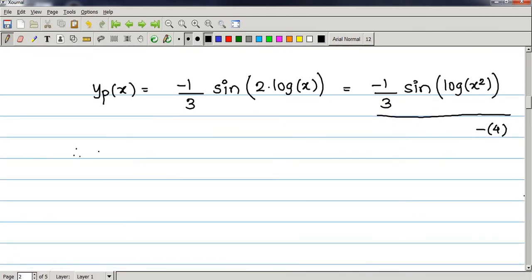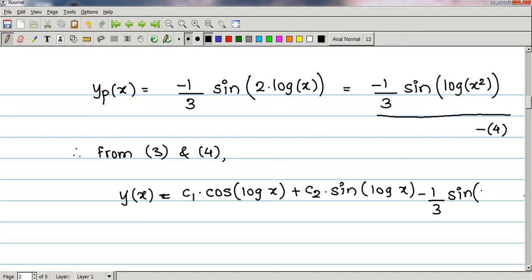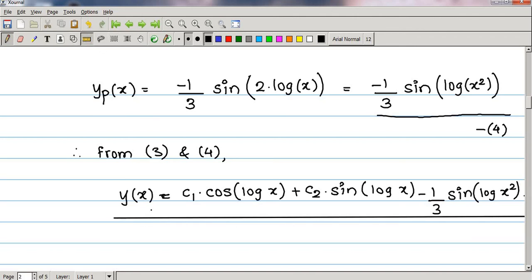Therefore, from equations 3 and 4, the required general solution in terms of x will be c1 cos of log x plus c2 sine of log x minus 1 upon 3 times sine of log of x square. So this will be the required general solution for the given Legendre's differential equation.